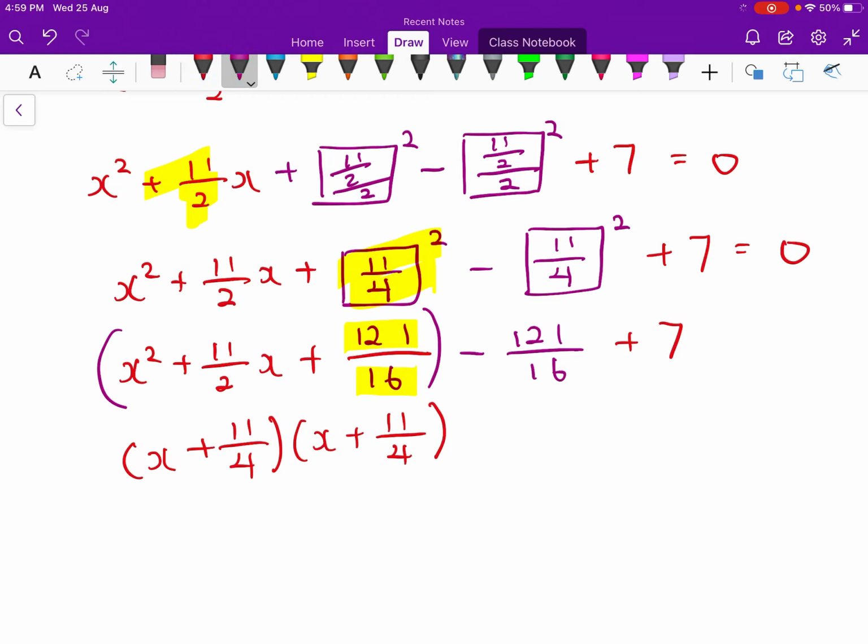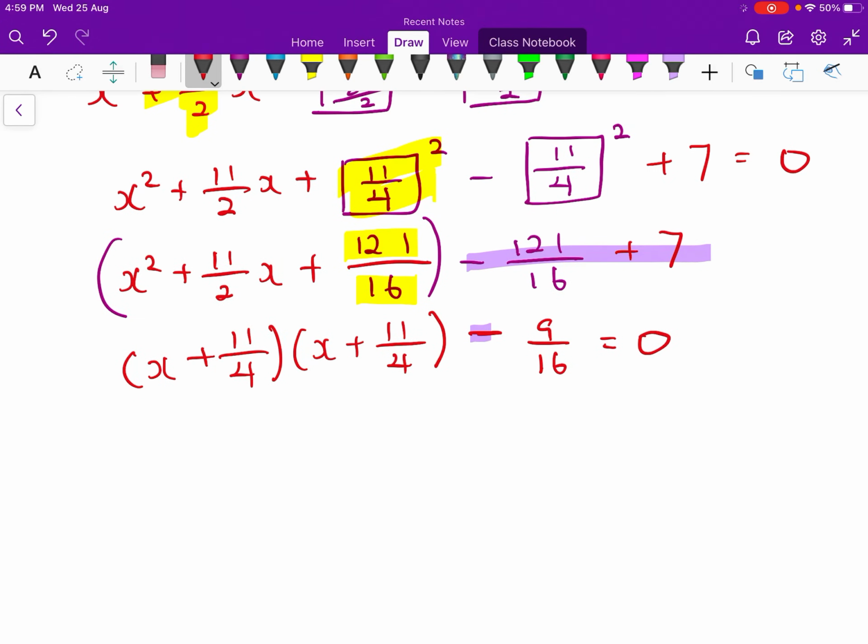Okay, then after that, you just calculate what this is, with the 7. So you should get negative 9 over 16 equal to 0.